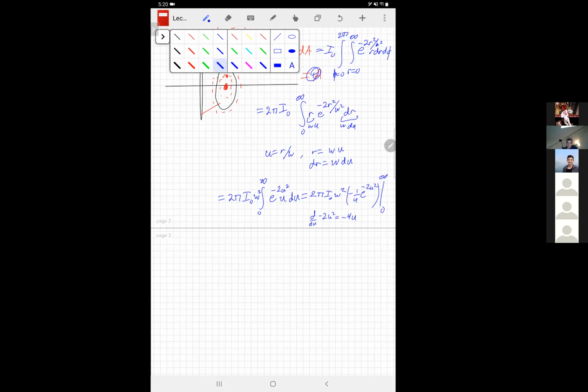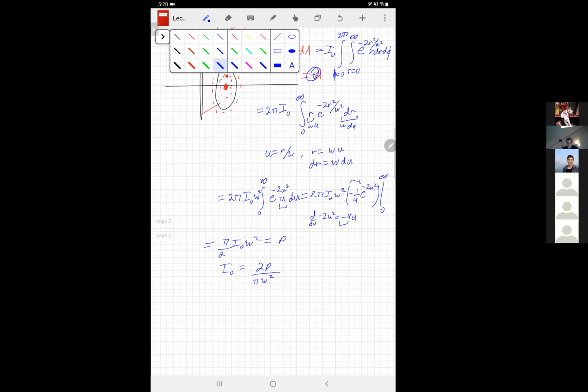And we know that there should be a factor of u there. We need the minus 1/4 to cancel out the minus 4. And so when all the dust is settled, we are left with pi over 2 I naught w squared equals the power. I naught is equal to 2 times the power over pi w squared.